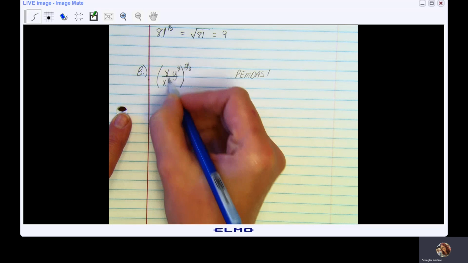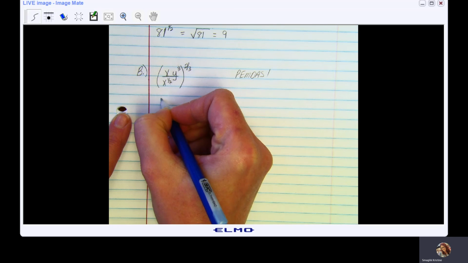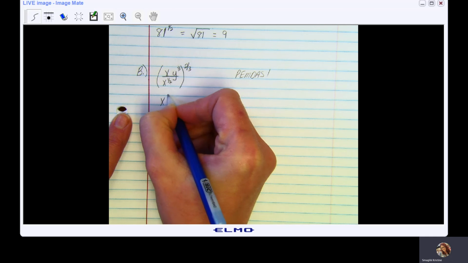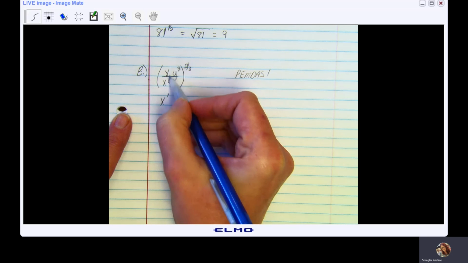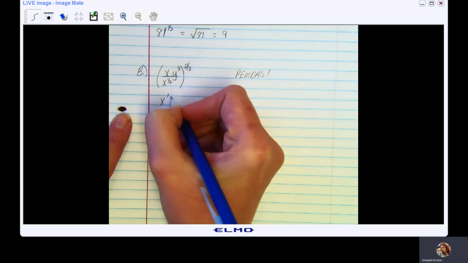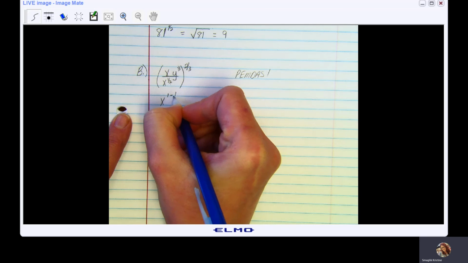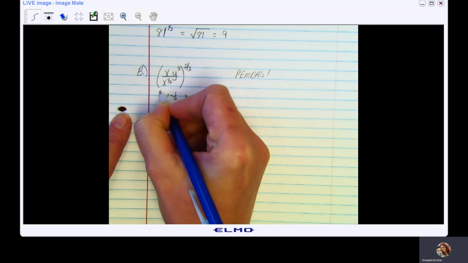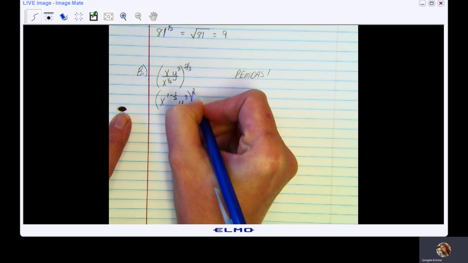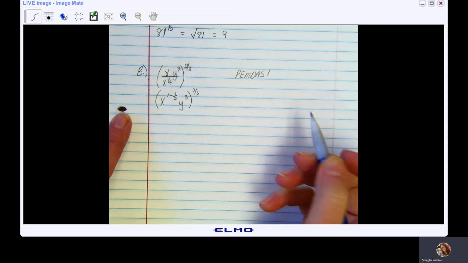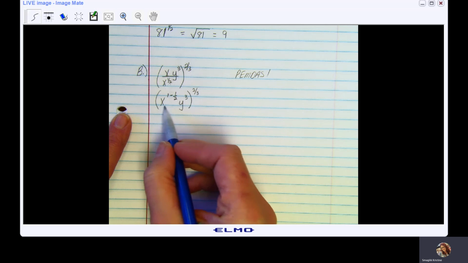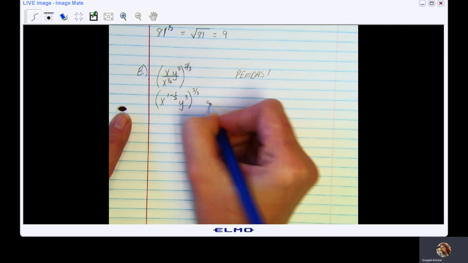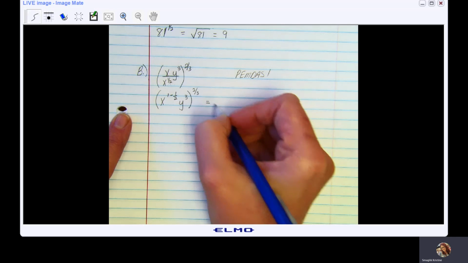So I'm going to rewrite this now as x raised to the 1st power, and now if I'm dividing, I subtract my exponents. 1 minus 1/2, y to the 3rd, and again I'm raising everything to the 2/3. Let me go ahead and clean this up. 1 minus 1/2 is 1/2.